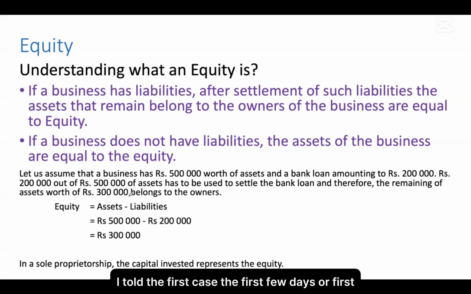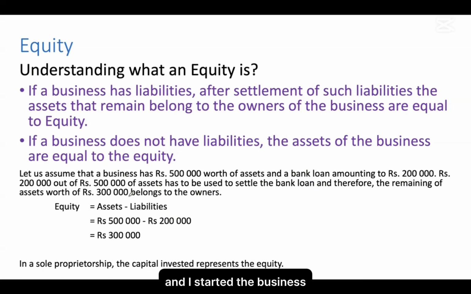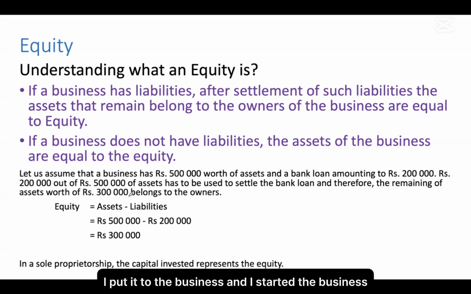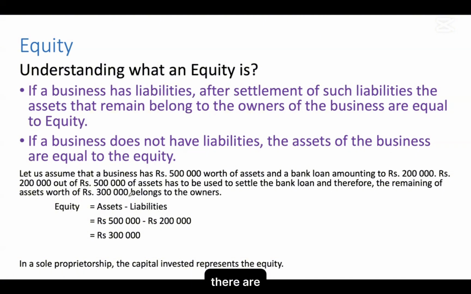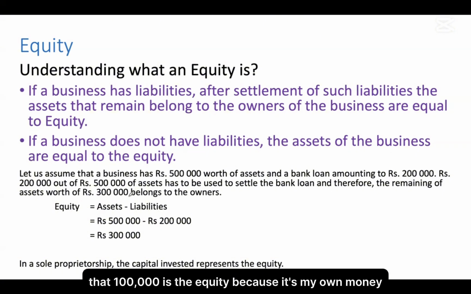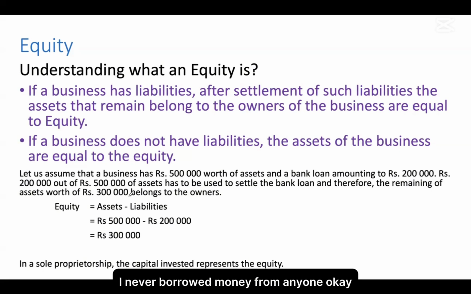In the first case, in the first month, I had 100,000 and I put it into the business and started the business. That 100,000 is the equity because it's my own money. I never borrowed money from anyone, so the business does not have liabilities in that case.